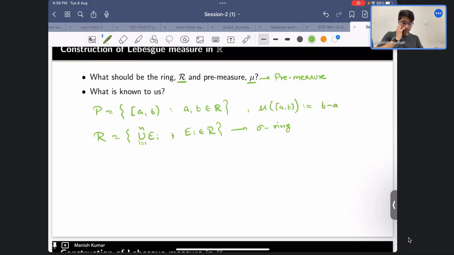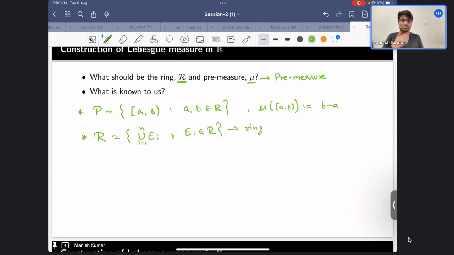Now the issue is, for this set we have some notion of measure, but the domain of a measure should be some sigma ring and not just a collection. This is how we define measure, from some ring to 0 to infinity. Okay, so this is just a ring, not a sigma ring.